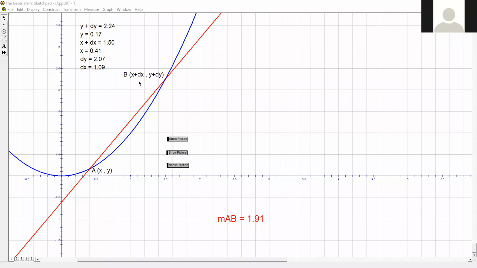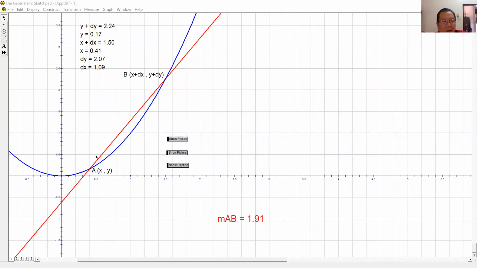Okay, sir. This is the first application of differentiation. Take for example, we have a curve here. The blue line shows a curve. And I have selected two points on the curve, A and B. A and B are very close to each other, only a difference of delta x and delta y.